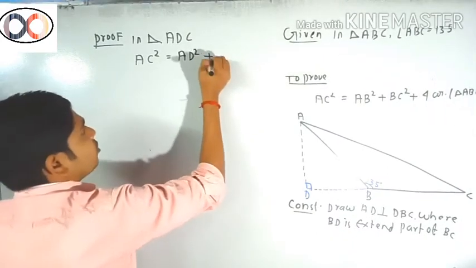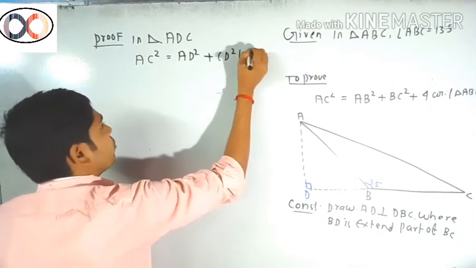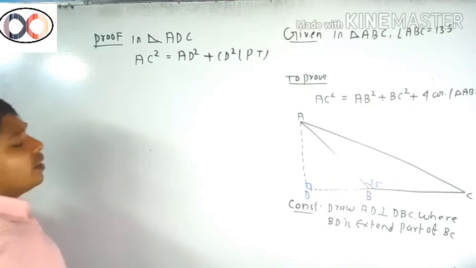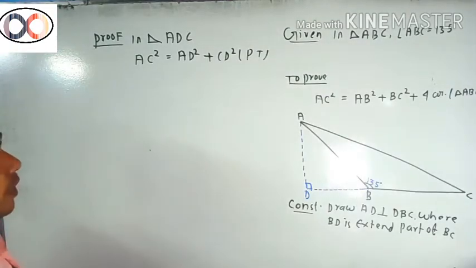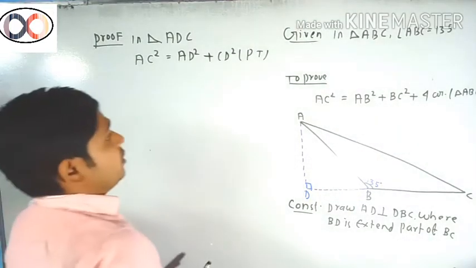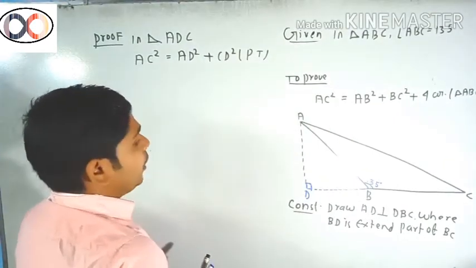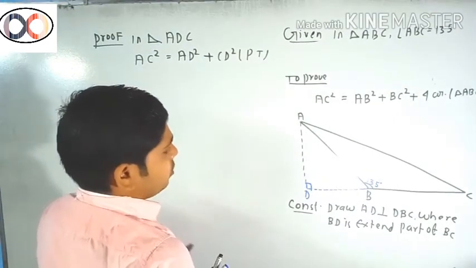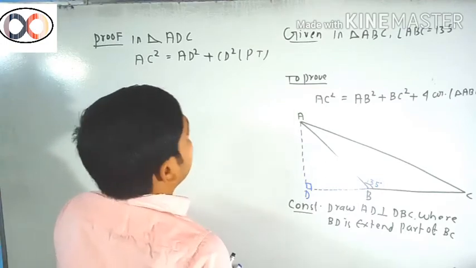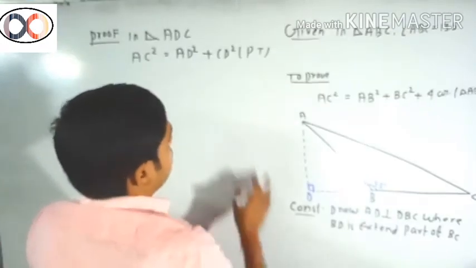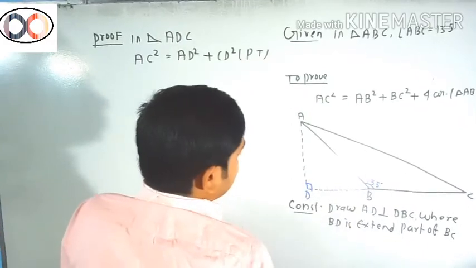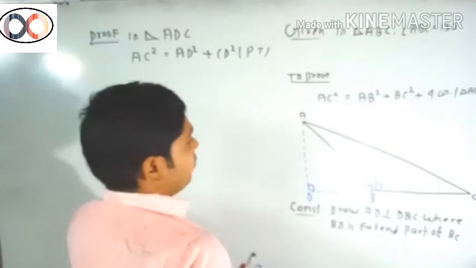This is due to the Pythagoras theorem. After that, AD square we do not need, so we will have to remove AD square by suitable means. We can write CD square in another form.